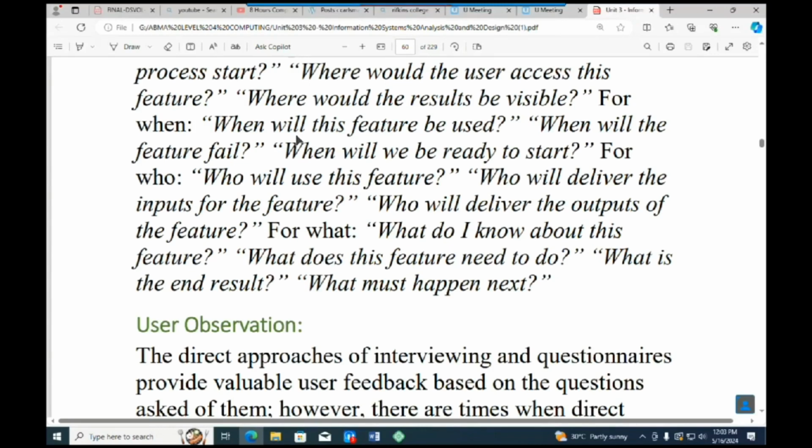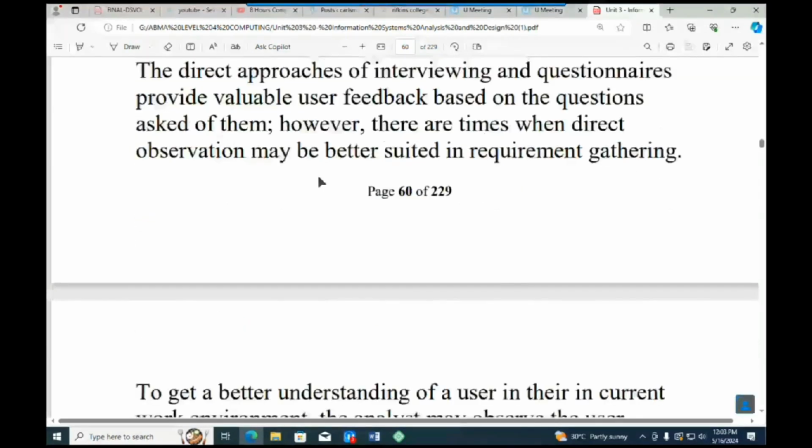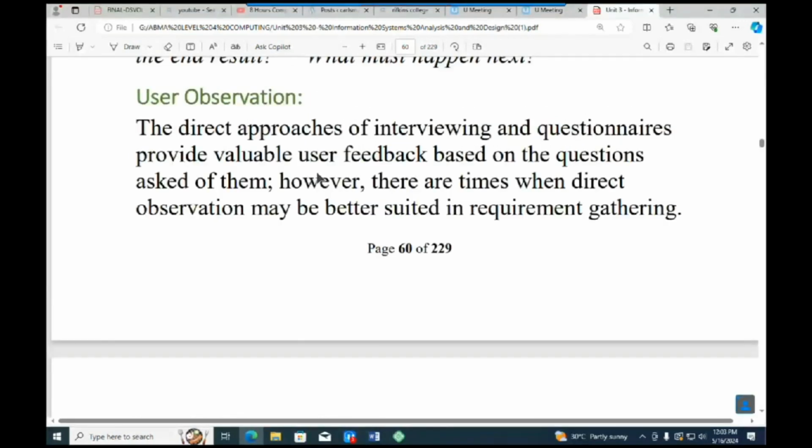The other technique that we are going to focus on is user observation. In user observation, you are going to observe the people or the user directly.